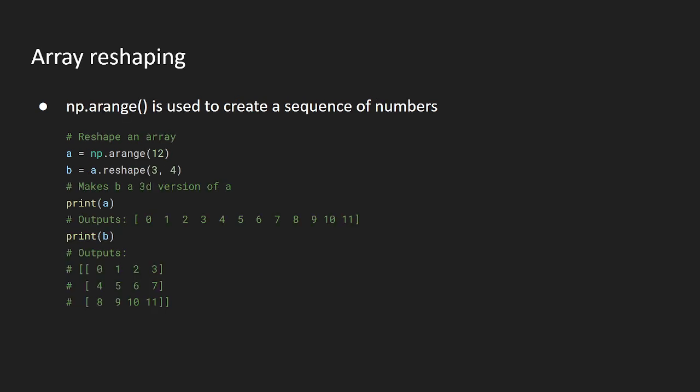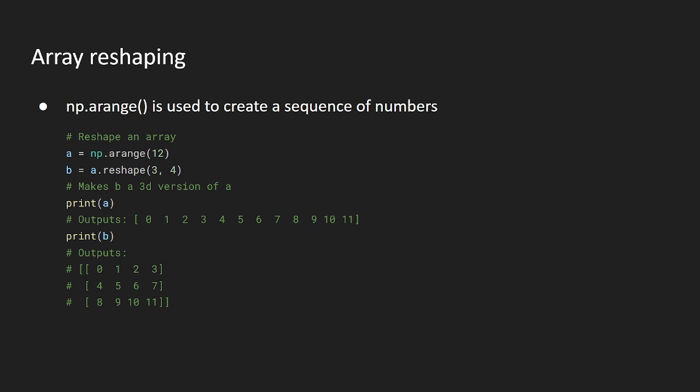You can also reshape these ND arrays by going a.reshape, and then that makes B a 3D version of A. You can see how at first it was just a line of numbers like 0, 1, 2, 3, 4, and that's a one-dimensional array.